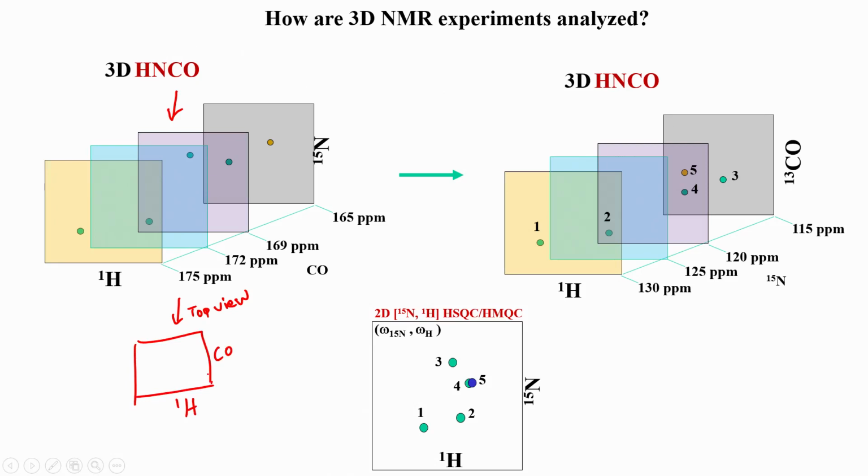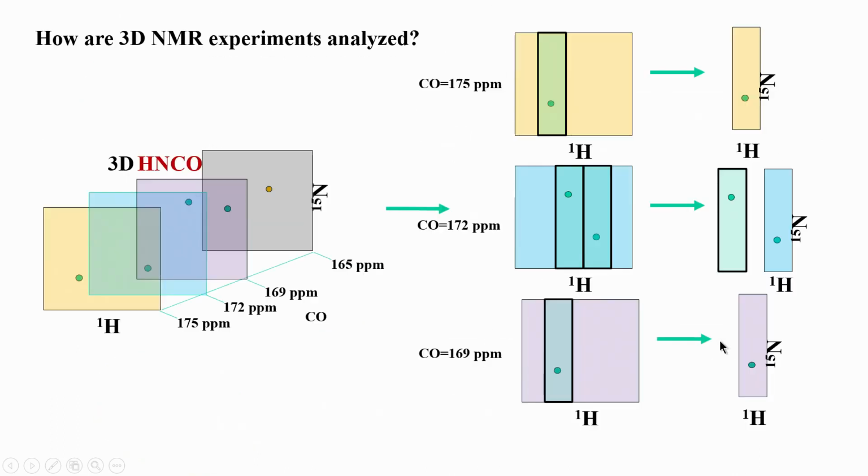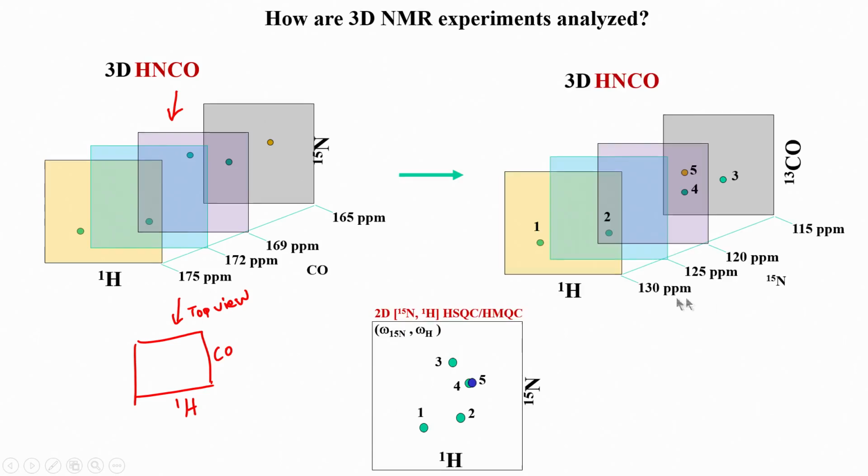Okay. So, there is a top view, but as I said, normally, if you go back in this slide, we saw that if you look here in this strip plot, we looked at 2D HSQC as a top view. If you want that as a top view, which is normally preferred, then my axis has to be changed. I have to rotate this 3D, and if I rotate this 3D, I will now get nitrogen here and carbonyl on this side. The only thing I have done is simply rotate my 3D; nothing else has been done to this spectrum.